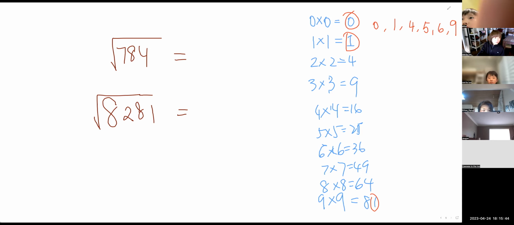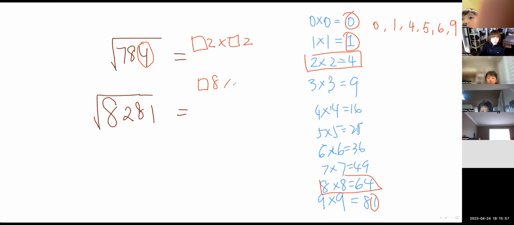Correct? So that means if you see a number whose last digit is 4, it's only possible to be something 2 times something 2, or something 8 times something 8. Do you understand what I'm talking about? Okay, very good. Understood, everybody?